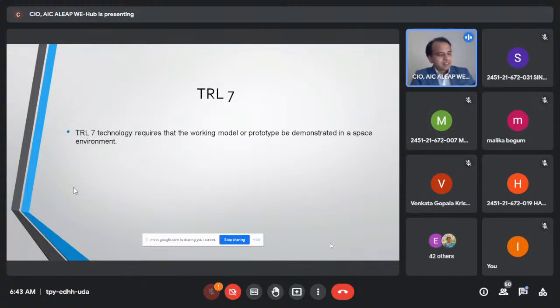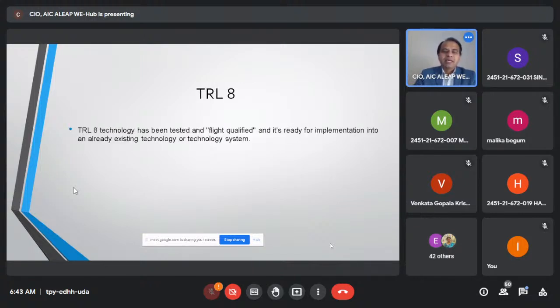So the TRL7 stage, where you are demonstrating the product and then bringing back the product again and saying that it is TRL7 ready. Yes, TRL8, you say that it is flight qualified. That means you have tested well and it is ready for implementation.